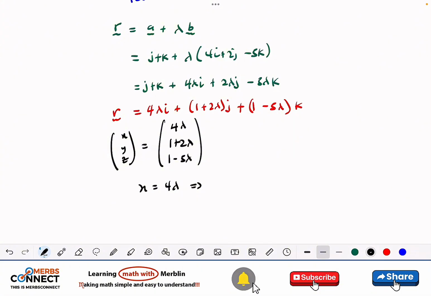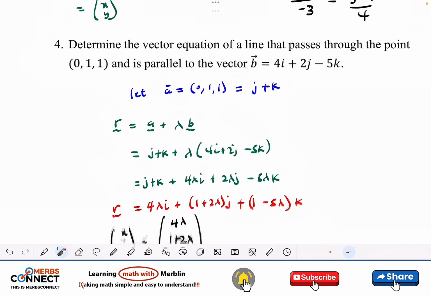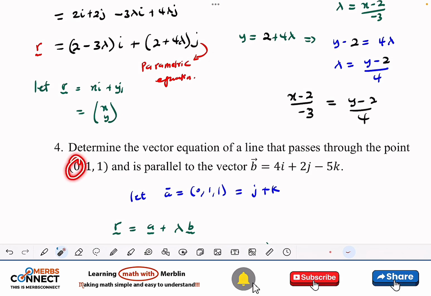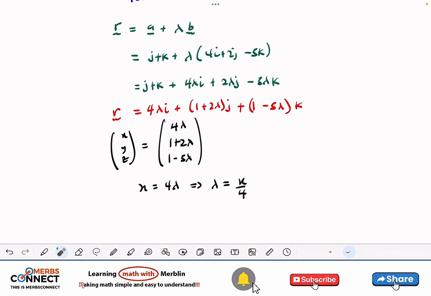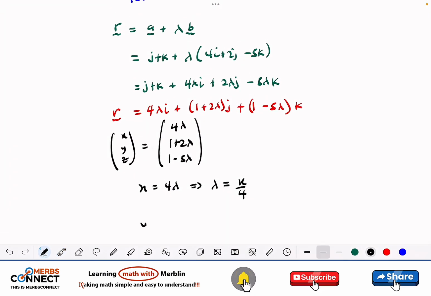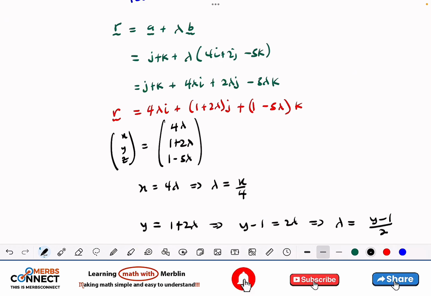This implies that lambda is equal to x divided by 4, so you see here minus 0 because the x here is 0. Then y is equal to 1 plus 2 lambda. This implies that y minus 1 is equal to 2 lambda, and lambda is equal to (y minus 1) divided by 2.